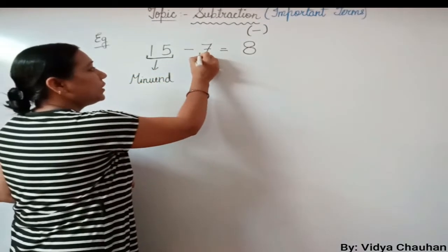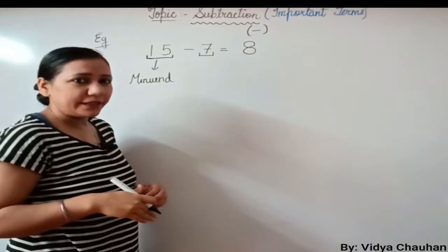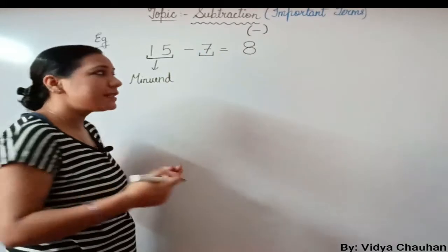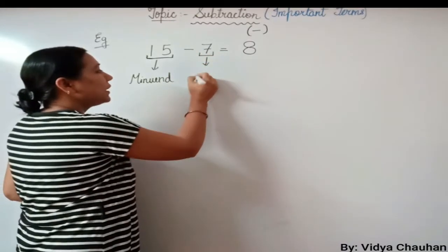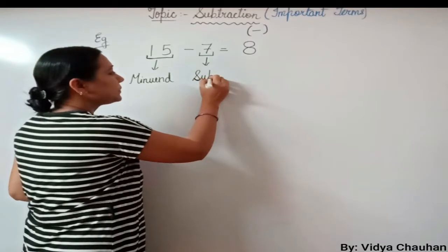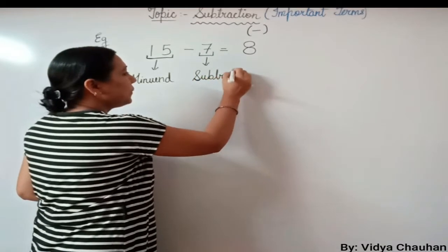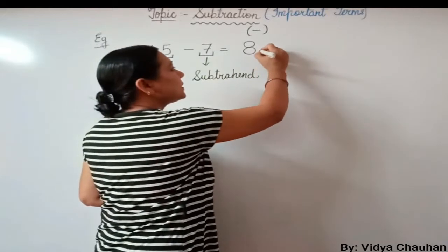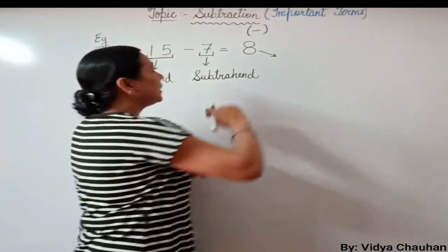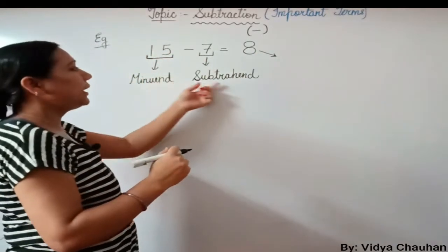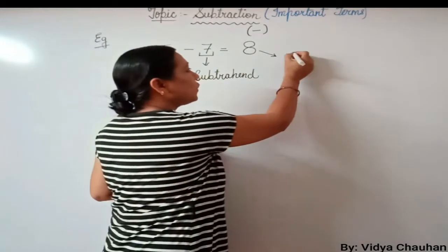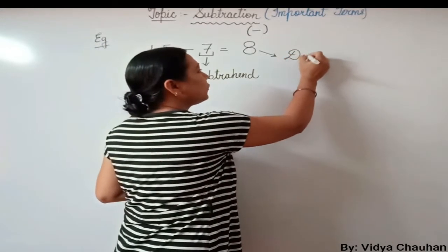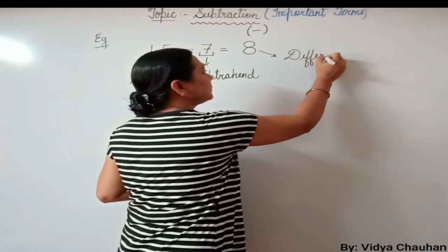The second number which is to be subtracted is called subtrahend. And the final result which you get after subtracting minuend and subtrahend is called the difference of the numbers.